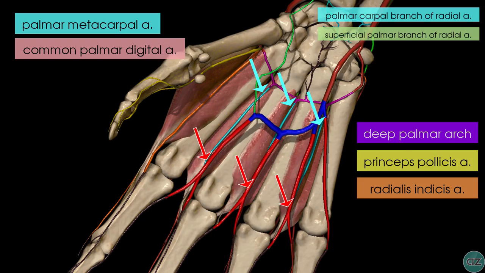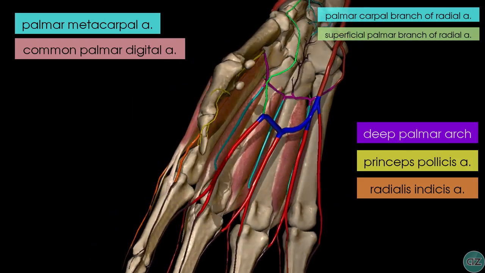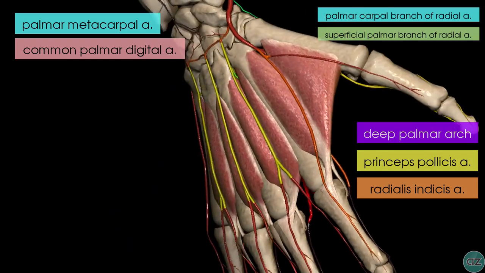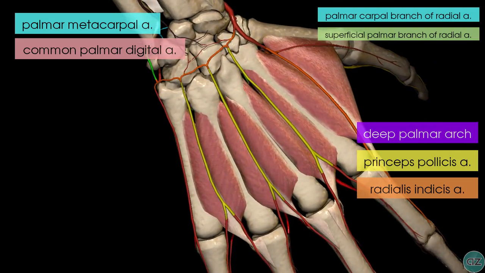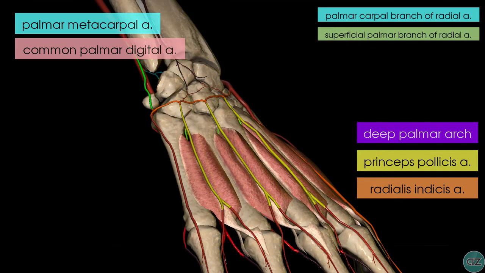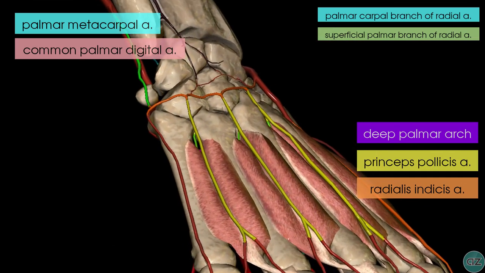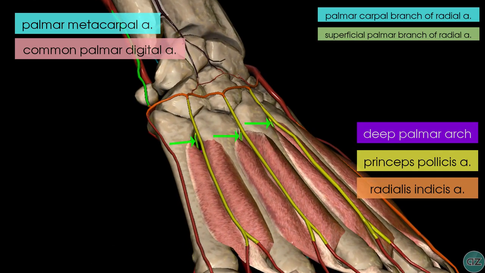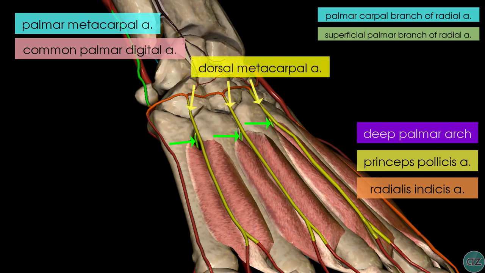In addition, if I rotate the model back dorsally, you can see some perforating branches which anastomose with the dorsal metacarpal arteries. I've just switched to a different view, and you can see these perforating arteries anastomosing proximally with the dorsal metacarpal arteries.